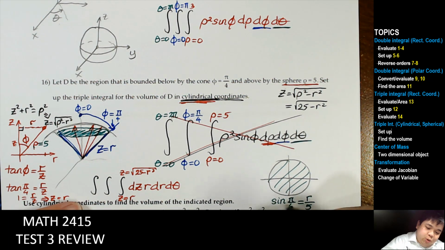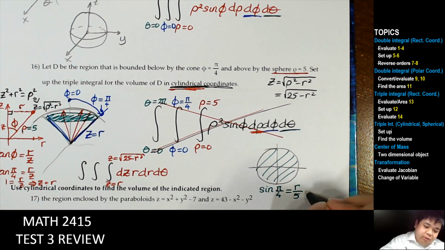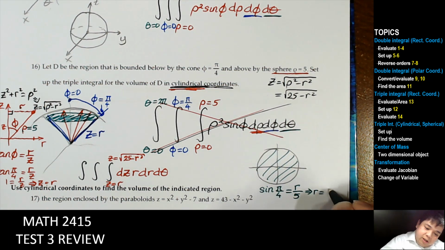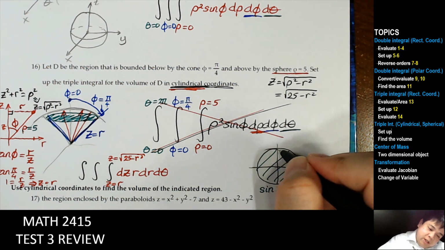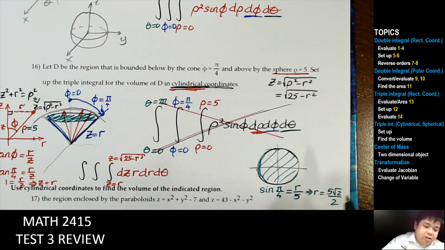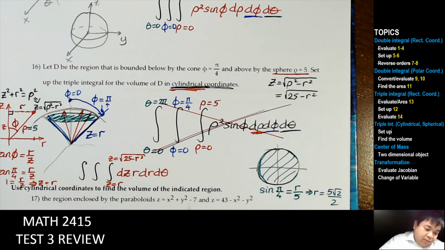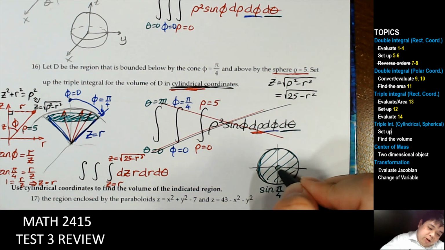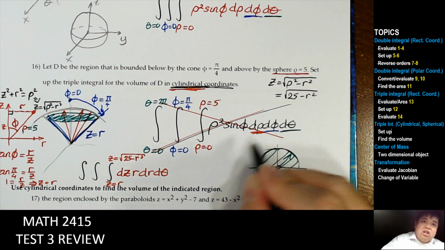So r is equal to 5 sine pi over 4. So we can show that r is equal to 5 square root of 2 over 2. That is the outside radius. And then the limit will of course go from 0 to the edge of the disk.